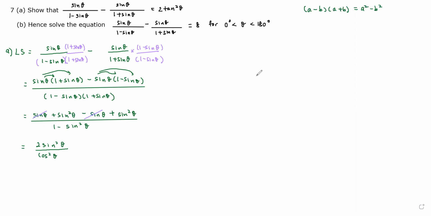From the fundamental identity of trigonometry, we know that the sum of squares of sine and cos equals 1. So cos square is 1 minus sine square. Then we replace this with cos square. There is 2 here, and we have sine square over cos square. Sine over cos is tangent. That gives us tangent square theta.